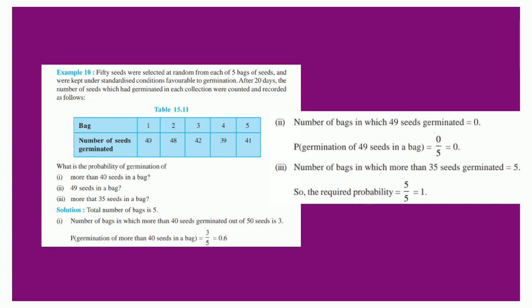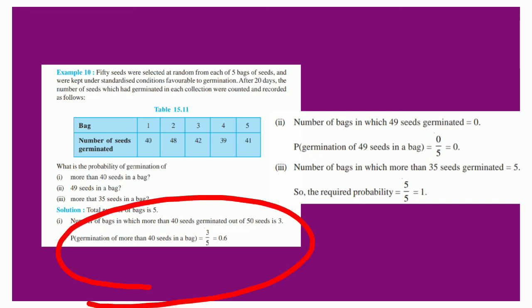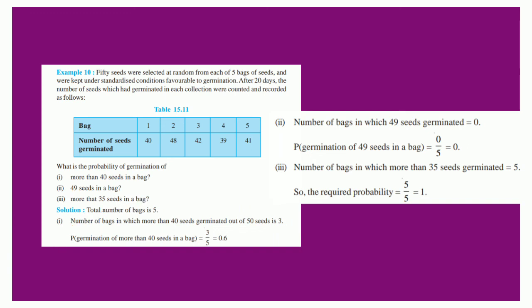We take the first one as event 1, that is, germination of more than 40 seeds in a bag. How many bags have more than 40? Here, 3. So 3 by 5 is equal to 0.6. Then the second one, the number of bags in which 49 seeds germinated.